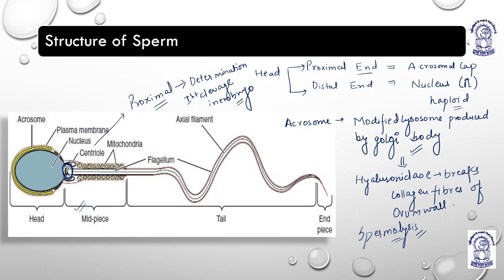just after the proximal centriole, we have mitochondria which are arranged in a spiral-like fashion, zigzag, like this. Okay. So this is also known as what?